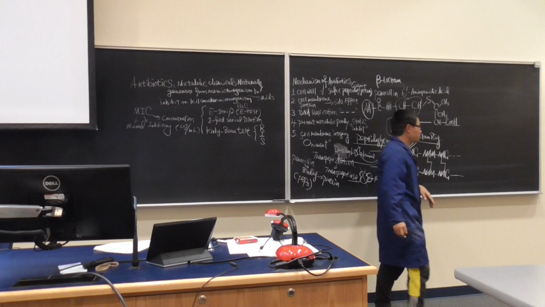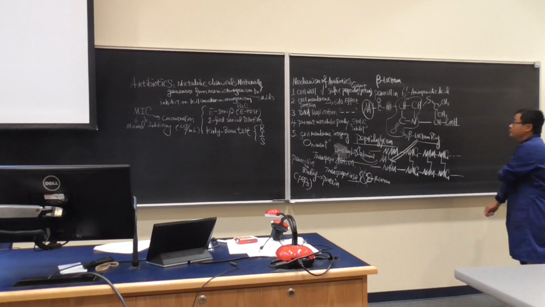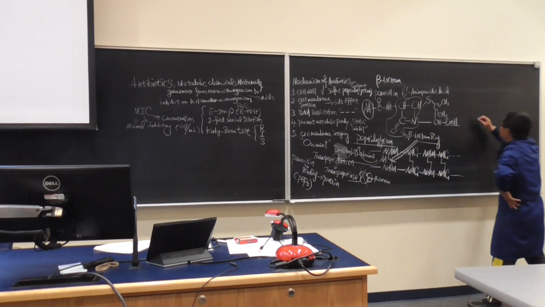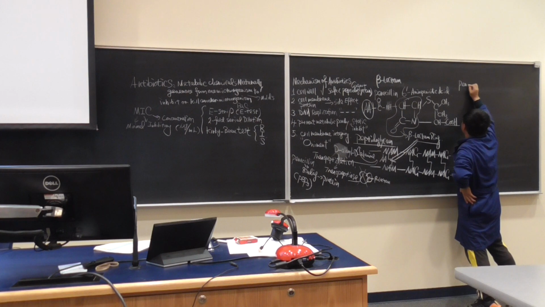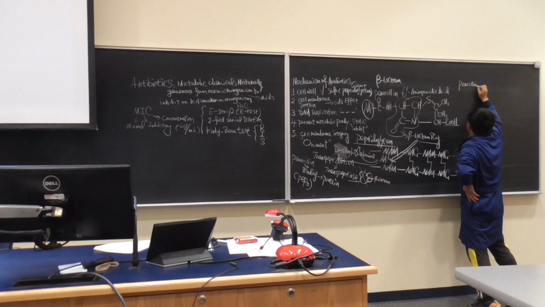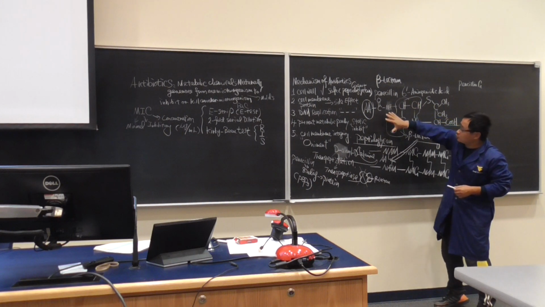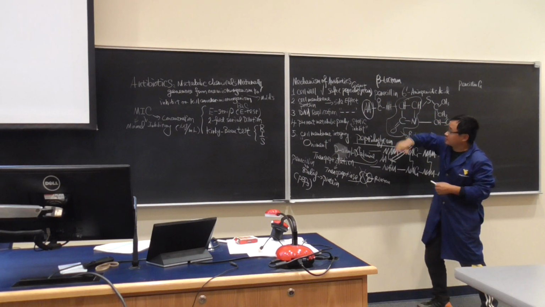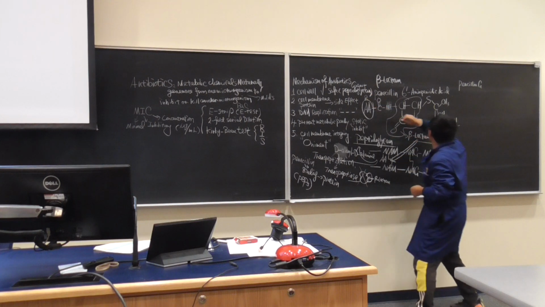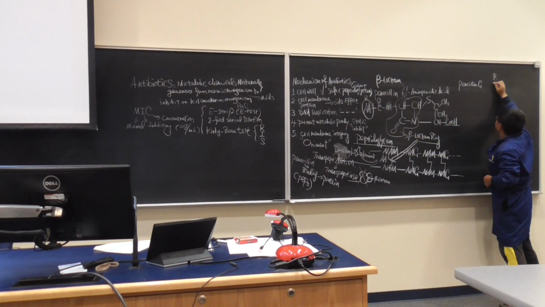So at the beginning, we have penicillin, which we call penicillin G. Now, penicillin G, as we mentioned, the basic structures are the same. The only difference is this side chain R is different. So what does this R look like?